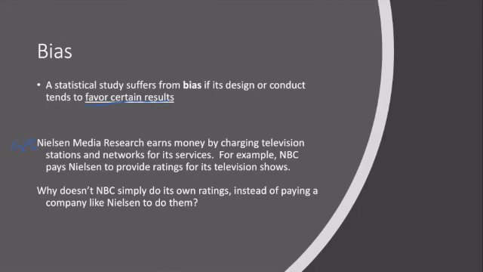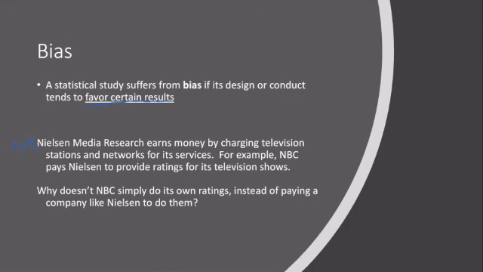Now, why do we think that NBC doesn't simply do its own ratings instead of paying somebody else to do them? Well, of course, NBC wants to have really good ratings, right? That means they can charge more for advertising and things like that. And so they might be able to skew their ratings, and that would introduce bias.